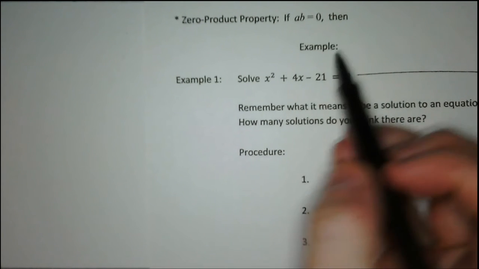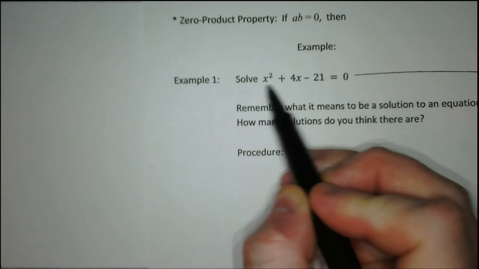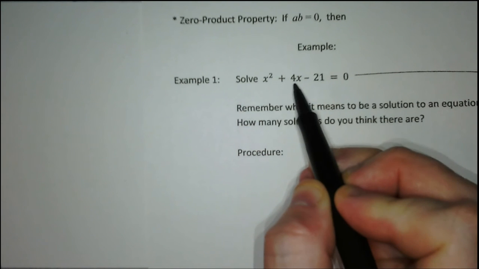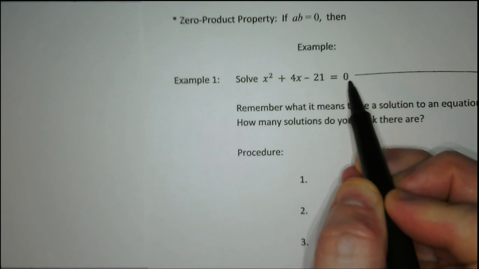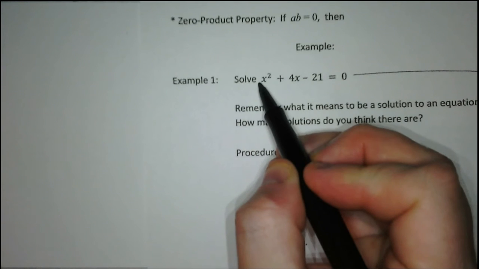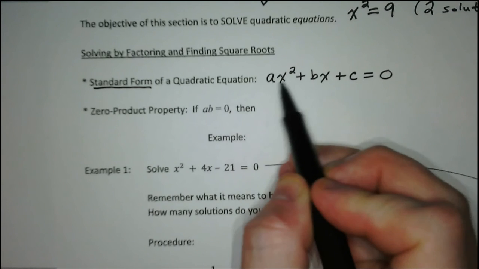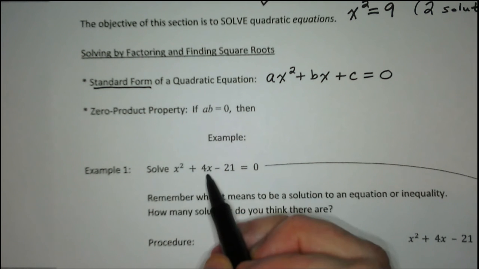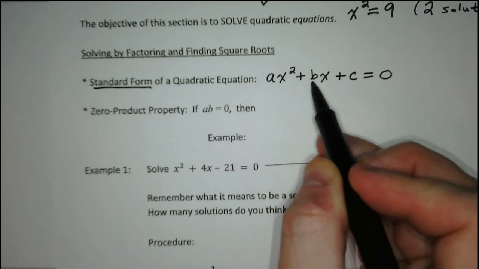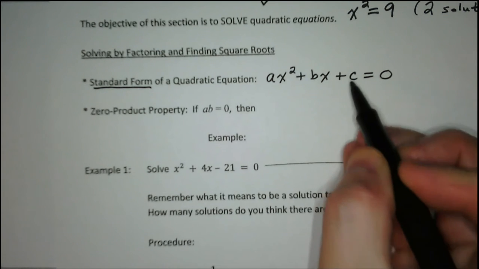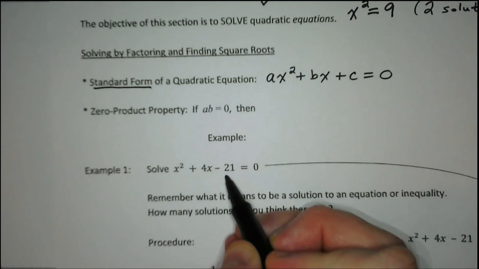A quick example of something that fits that form beautifully is this example right here on the paper: x squared plus 4x minus 21 equals 0. In this example, your a, which is in front of the x squared, is the invisible coefficient of 1, your b value is positive 4, and your c value is -21.